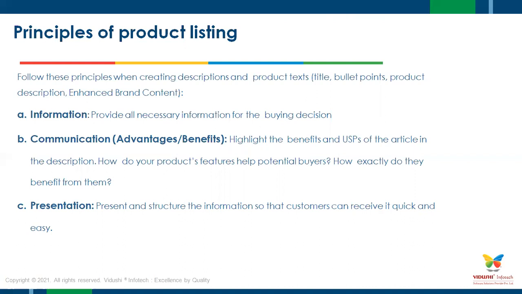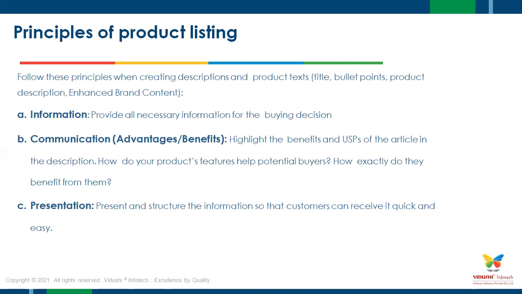He should be satisfied with the description or the features which a seller has mentioned on the Amazon page. Half information is not going to work on Amazon because the buyer won't get the exact information and it might affect his buying decision.